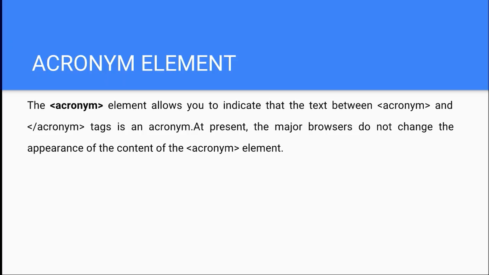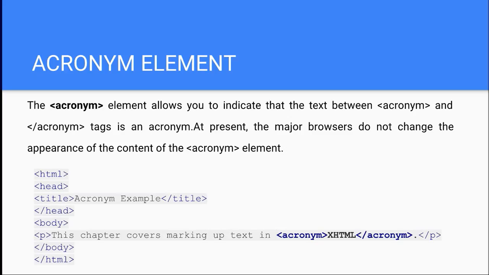And the next tag is the acronym element. The acronym element allows you to indicate that the text between acronym and /acronym tags is an acronym. At present, the major browsers do not change the appearance of the content of the acronym element, but still we try this and we'll try to display.